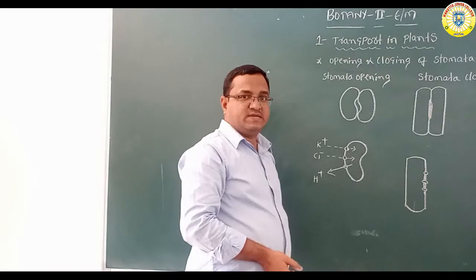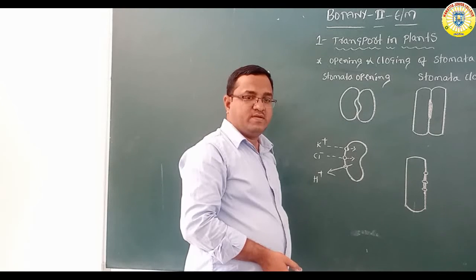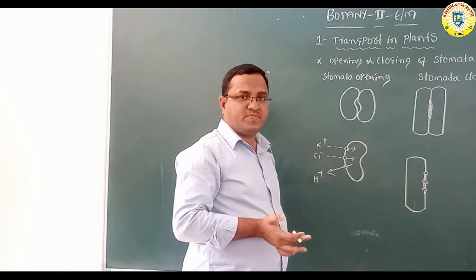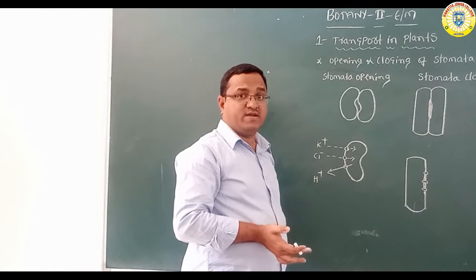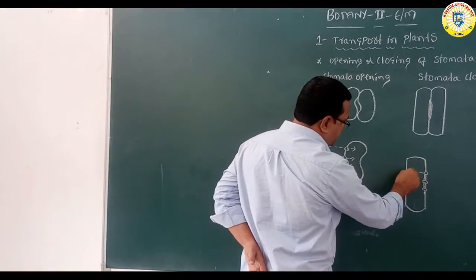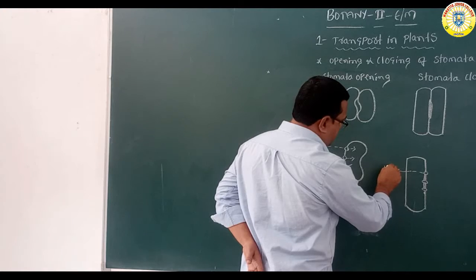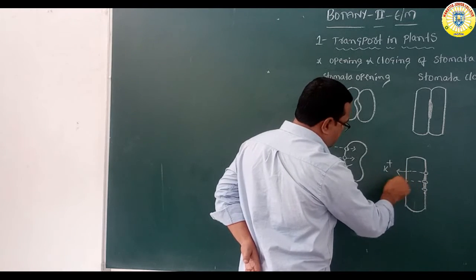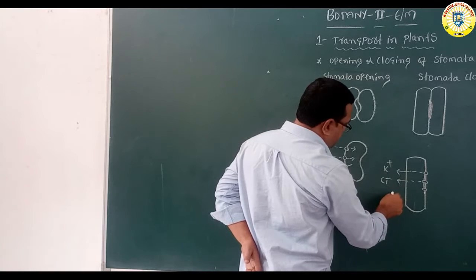Whenever the sunlight is not available, whenever the guard cells lost their turgidity, whenever they lost the water, in this situation K plus ions move out of the guard cells, chloride ions also move out of the guard cells.